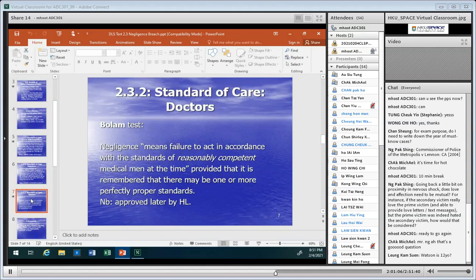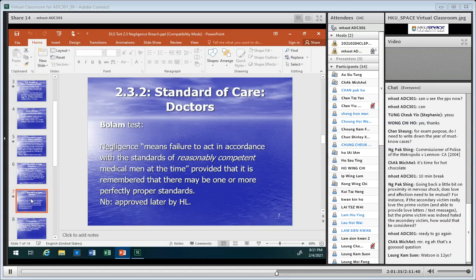So what happened in the Bolam case? Bolam, again on page 52, says the obvious, in a way. What is the standard of care of a professional doctor? Well, it will depend on the standards of a reasonably competent medical man at the time. The court will be listening to expert evidence given by people who are experts in this area.